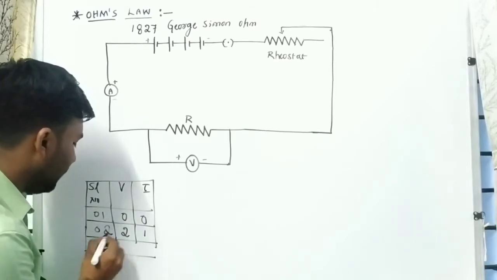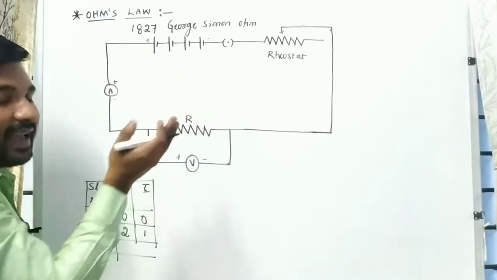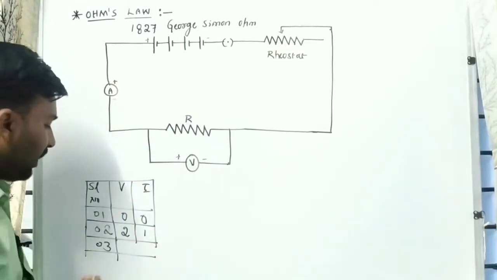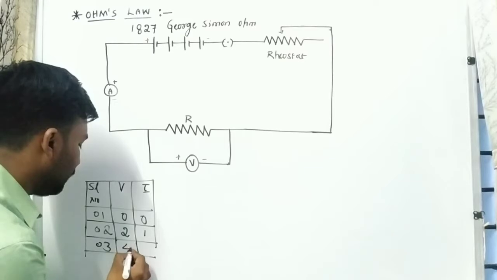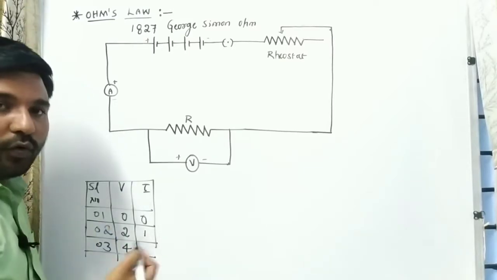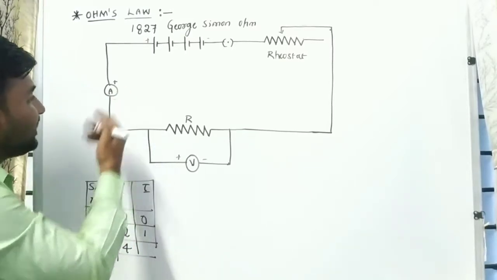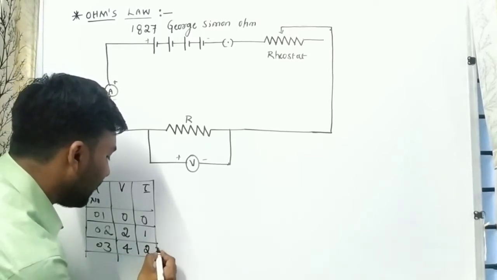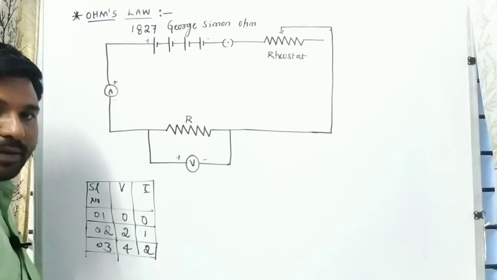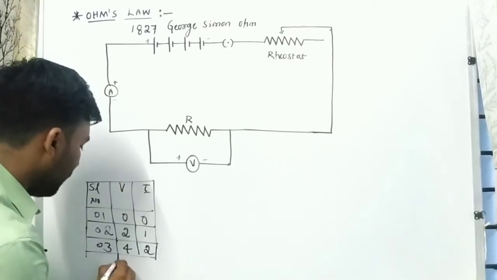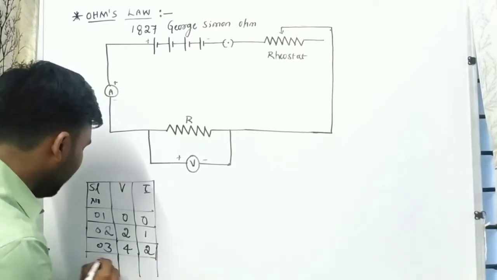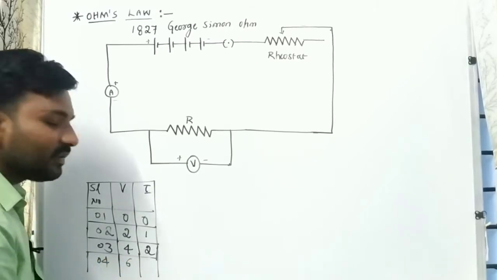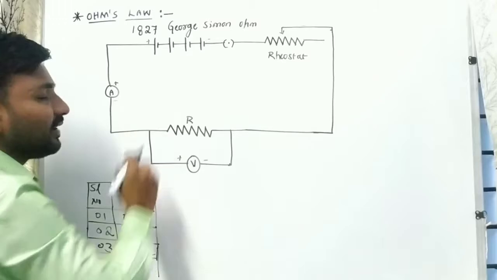Next, he has added one more cell in the circuit. So the potential difference is 4 volt, and he measured the current in the ammeter. This time the current is 2 ampere. Similarly, he has added a third cell.